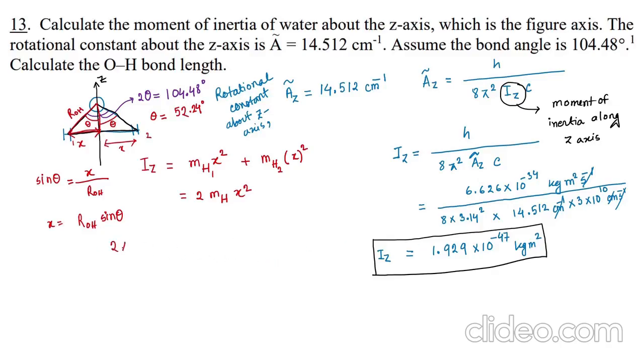The mass of one hydrogen is 1 AMU, that is 1.66 times 10 to the power minus 27 kilogram.